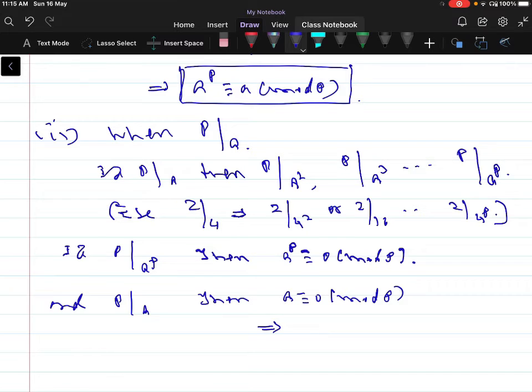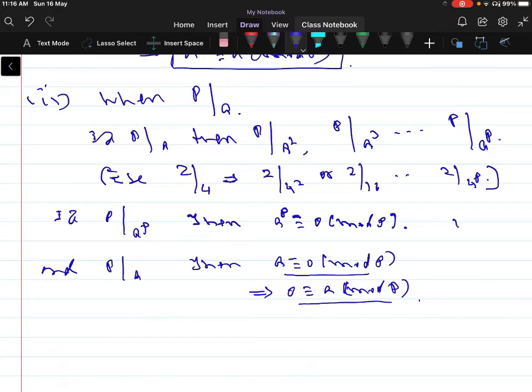So this can be written as 0 is congruent to a modulo p. Since congruence is symmetric, if a is congruent to 0 modulo p, then we can write 0 is congruent to a modulo p also.